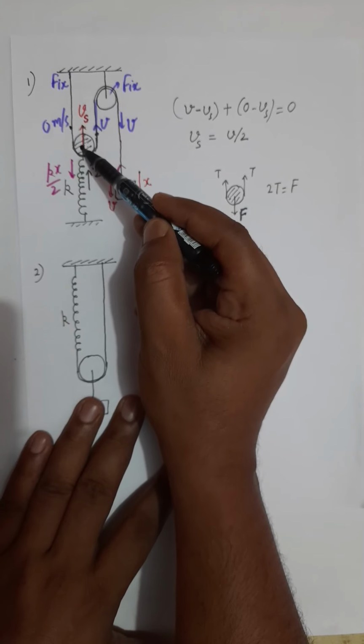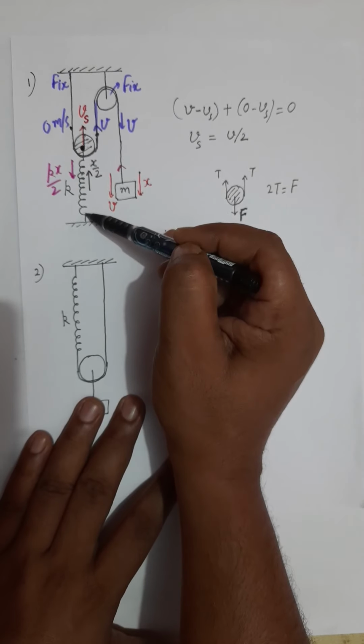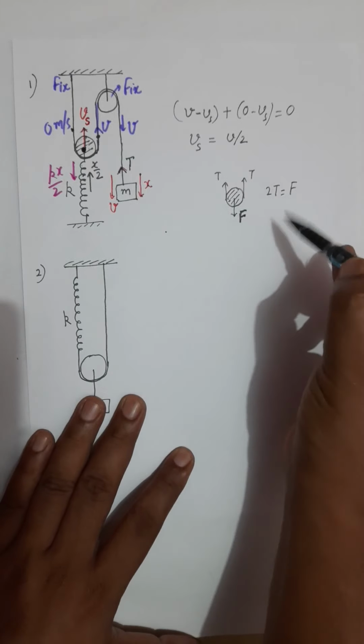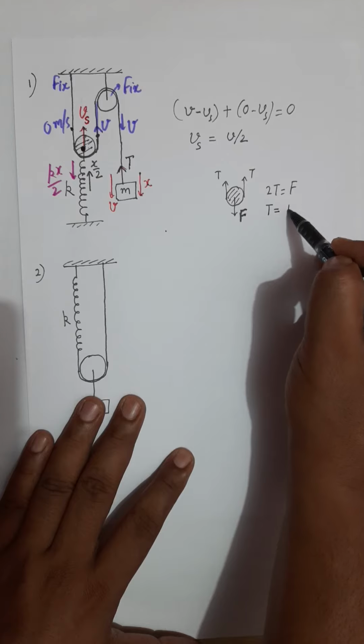So if there is any change in this spring force, correspondingly there will be change in this tension force also, and the change in the tension force will be half of F.